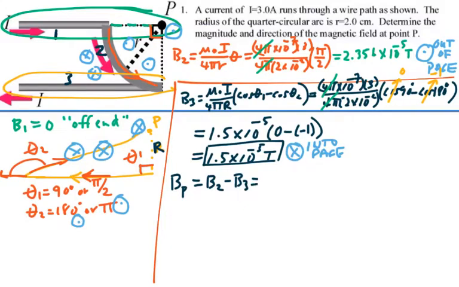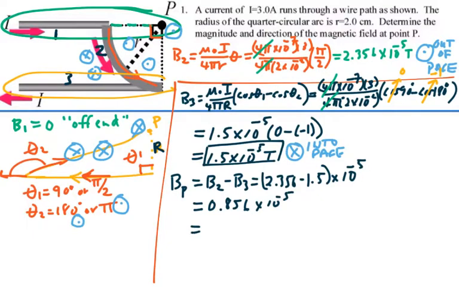And that is going to be 2.356 minus 1.5, all this times 10 to the minus 5, which is going to be equal to 0.856 times 10 to the minus 5, or we could say 8.56 times 10 to the minus 6 Tesla.